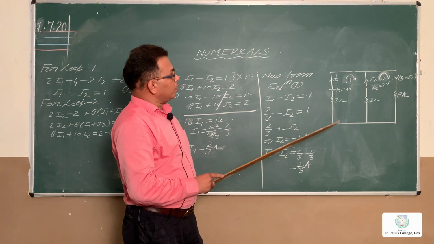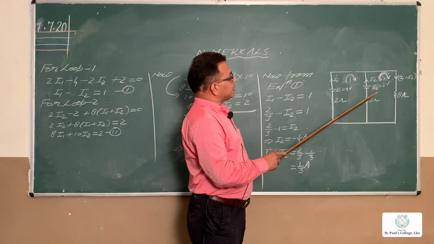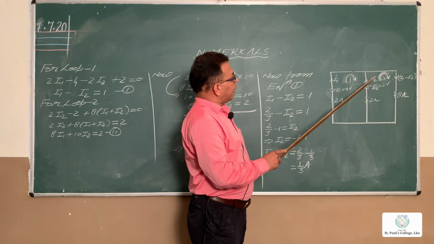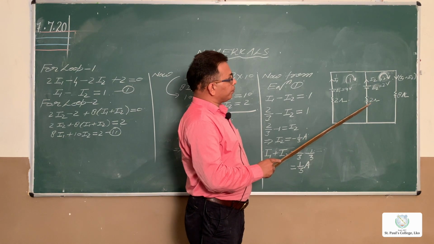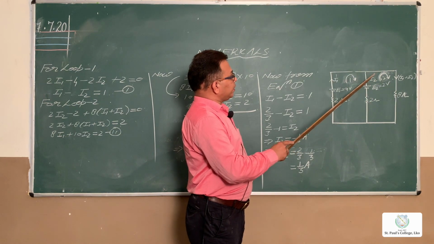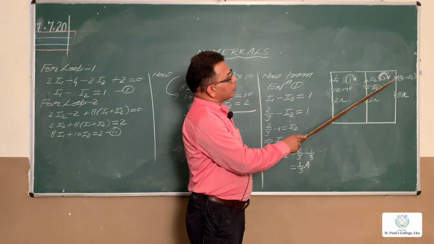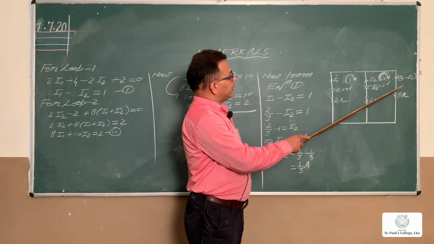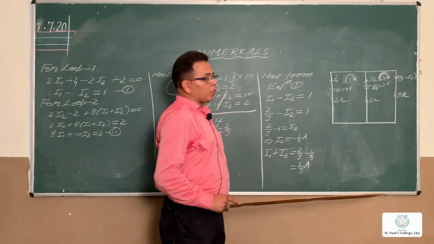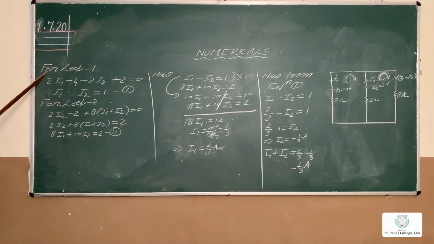For the second loop, EMF E2 is equal to 2 volt, the current flowing is I2, and the resistance is 2 ohm. Finally, the total current I1 plus I2 is also known as I3, flowing in this branch, and the resistance here is 8 ohm. Now I will take loop 1.